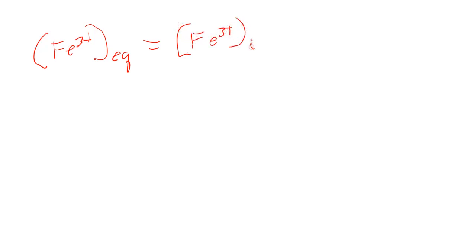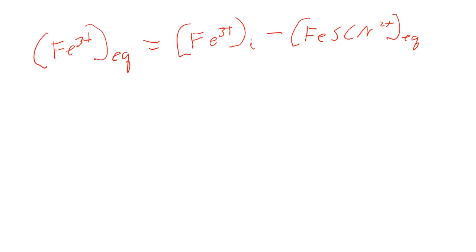As step 5, you are going to calculate Fe3+ at equilibrium. The way you're going to do that is you're going to take your initial concentration of iron minus the concentration of FeSCN2+ that formed at equilibrium.